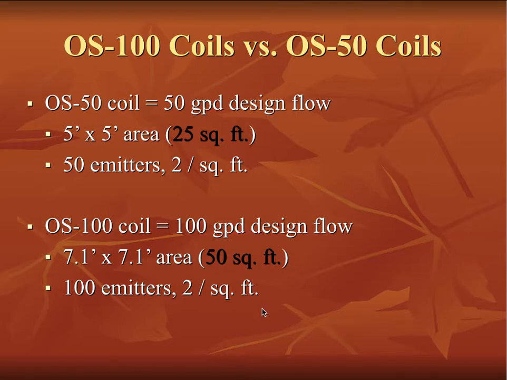Moving on to the OS100 coils, again, it has twice as much design flow capacity, so 100 gallons per day per OS100 coil. Its area is going to come out to twice as much as well, 50 square feet. But in twice as much area and twice as many emitters, you're still going to come out to that same 2 emitters per square foot.